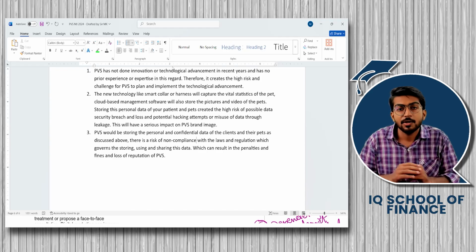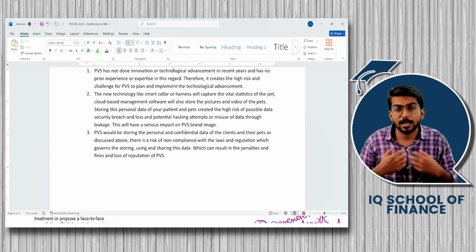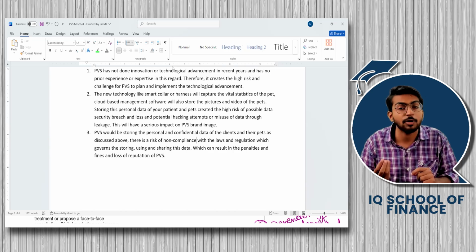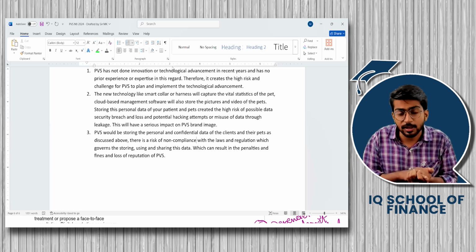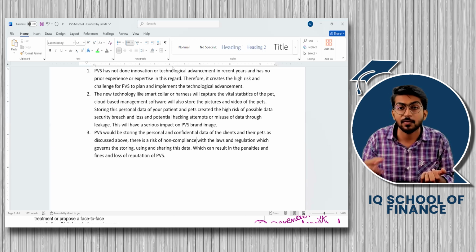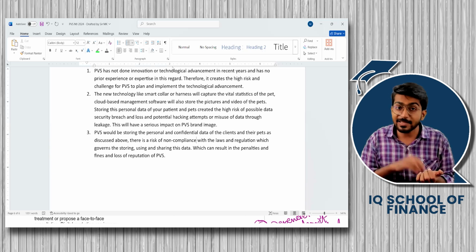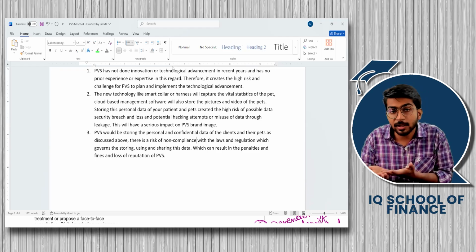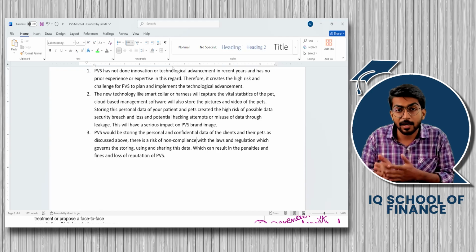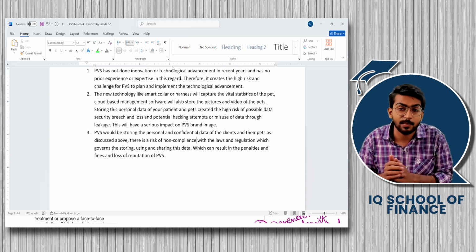in writing this point. So when you are drafting any point, have a clear understanding in your mind of what you are going to convey. In our point right now, we are talking about non-compliance with the laws and regulations. So you have to keep in mind that you are storing the data, and since you are storing the data, there are some laws and regulations which are now applicable to you, and there is a risk that you might not comply with them, and when you do not comply, you will be facing fines and penalties.